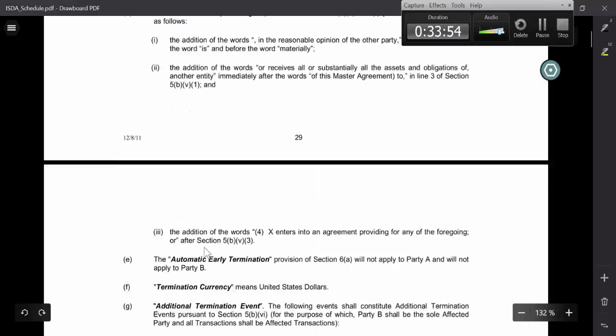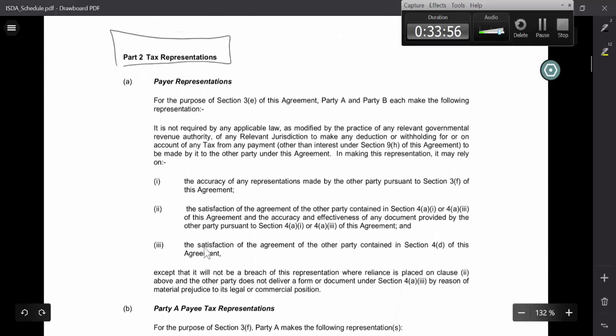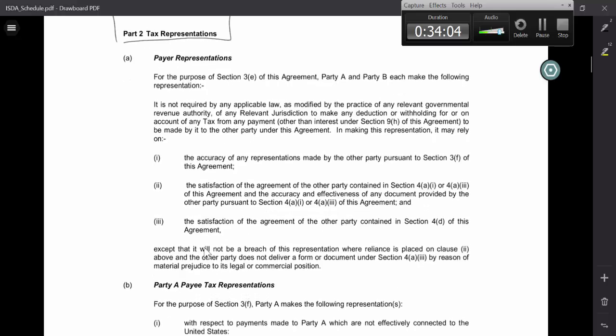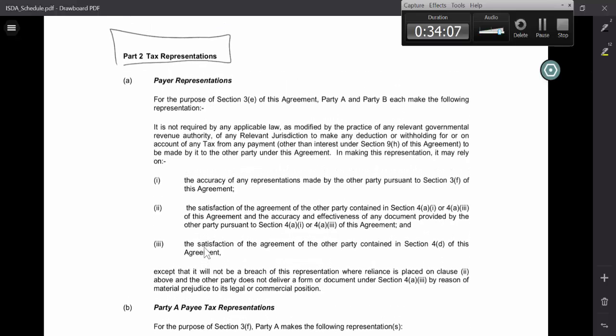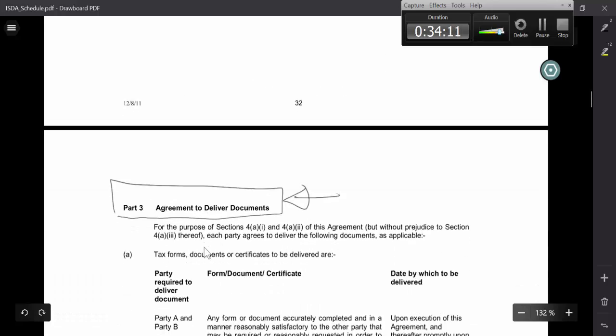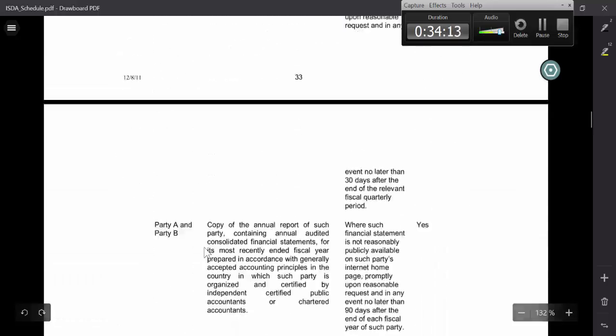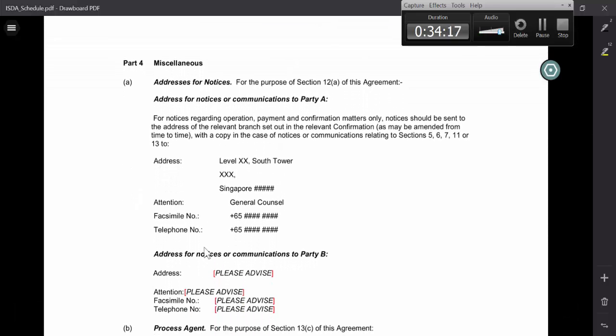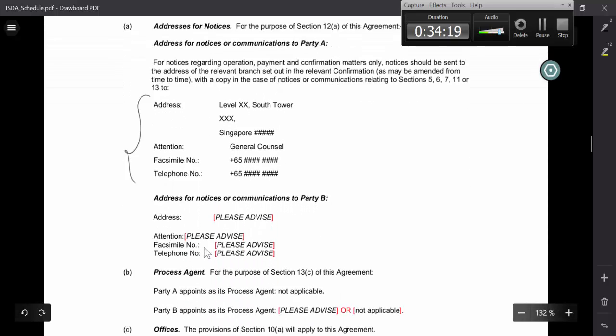So part 2, tax, you're just telling the other party what tax status you have. Are you a US corporation? Are you incorporated in the Cayman Islands, in Hong Kong, or wherever? Part 3, agreement to deliver documents. Part 4, miscellaneous, like your address and stuff like that.